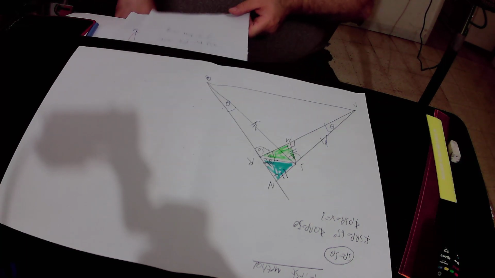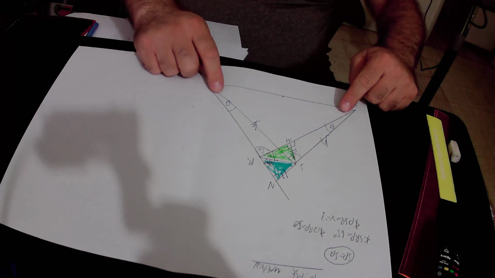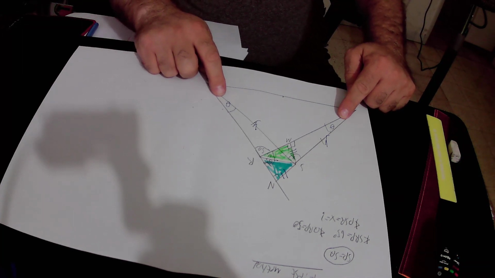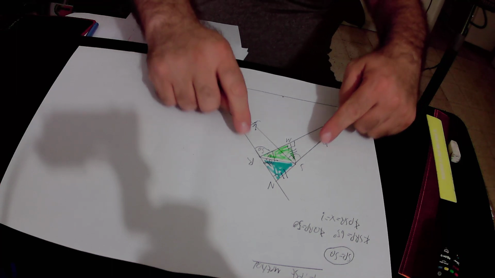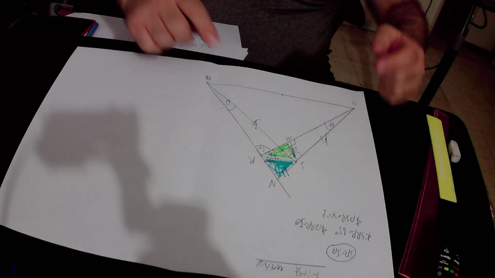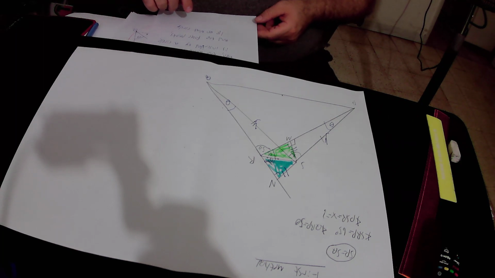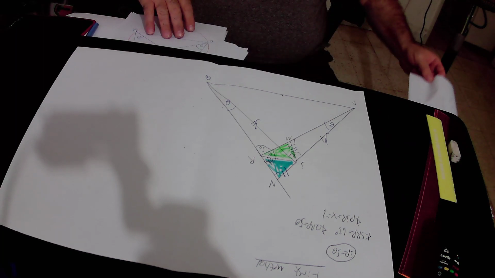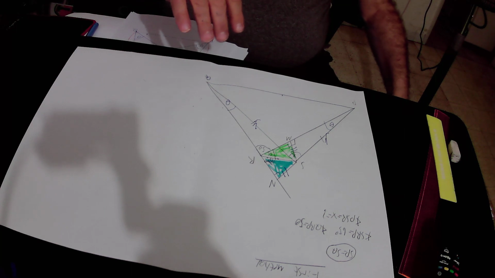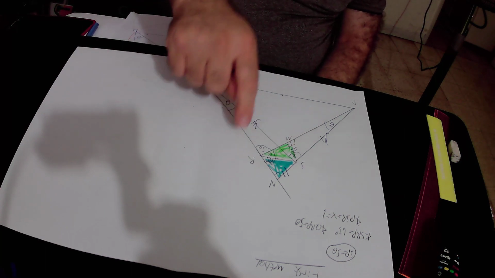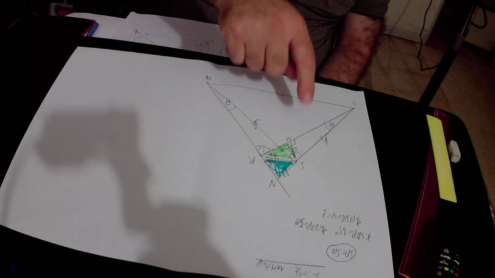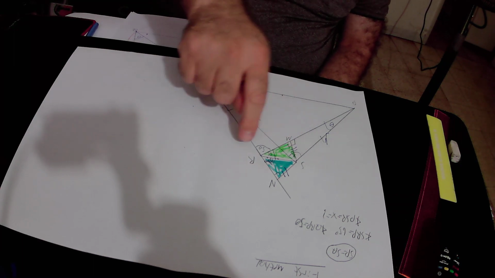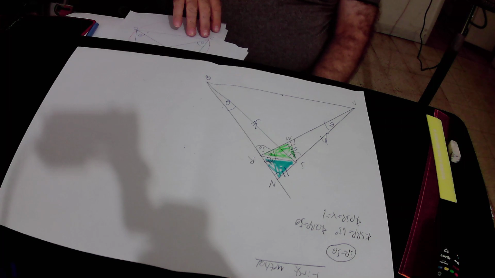So here we have two angles that are equal to each other, both equal to theta, and they subtend the same line segment SR. Therefore, according to rule number 2, the quadrilateral SRPQ is inscribed by a circle, and those 4 points S, R, P, and Q lie on that circle.